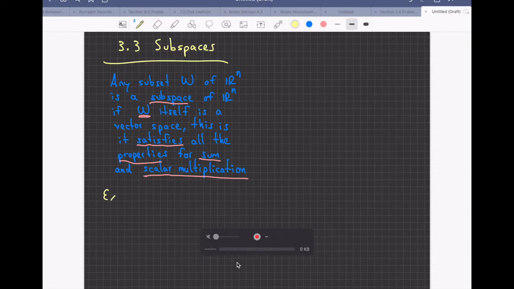Example. Consider R3 as the vector space.